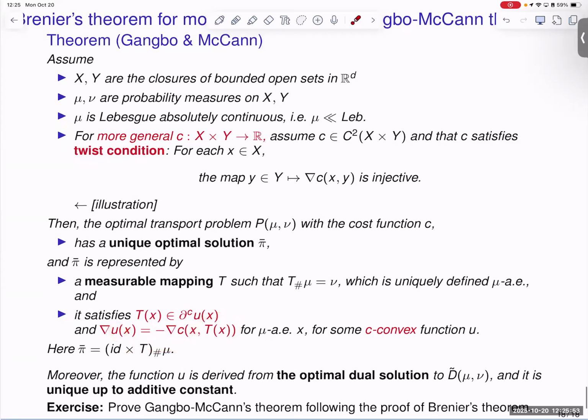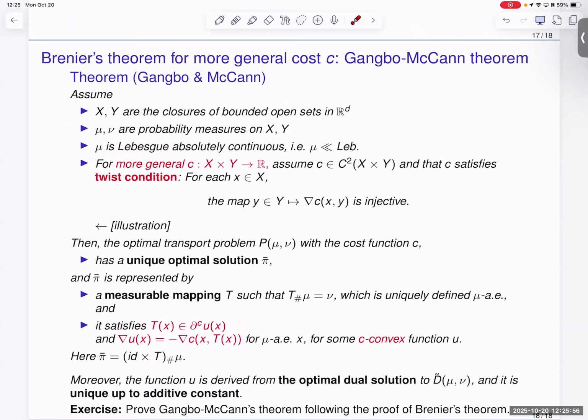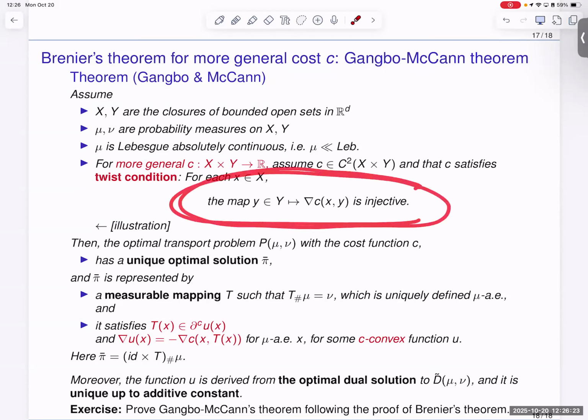Now, just one comment. The Gangbo-McCann theorem also says uniqueness of the transport plan, I mean, existence of the transport map, and uniqueness of the transport plan pi bar, which is given by the optimal mapping. But that requires an additional condition for c.